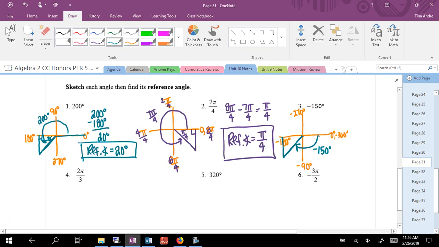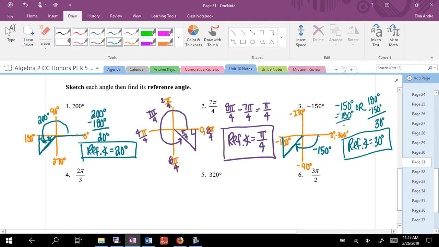So if I look at those rules, I could say negative 150 minus negative 180, sorry, because this is a negative. Or you could just think about it as, okay, this whole thing's 180. Subtract off the 150, which is exactly what this is saying. So 180 minus 150, we get 30. So that reference angle is going to be 30 degrees.